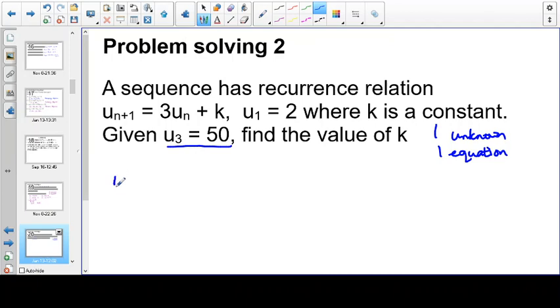So if I say u2 is 3 lots of u1 plus k, so u2 is 3 times 2 plus k. u2 is 6 plus k.